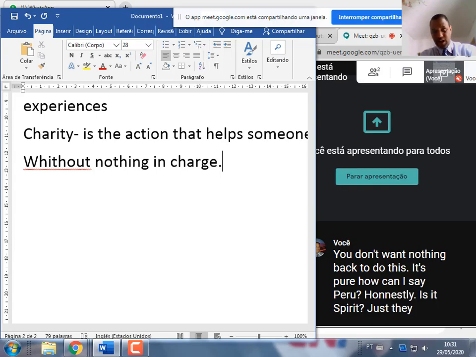Diabetes. I think it's double T. No, just one T. Diabetes is a kind of sickness where a person has a lot of sugar in his or her blood.